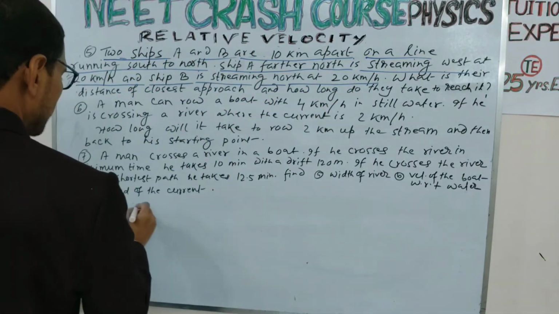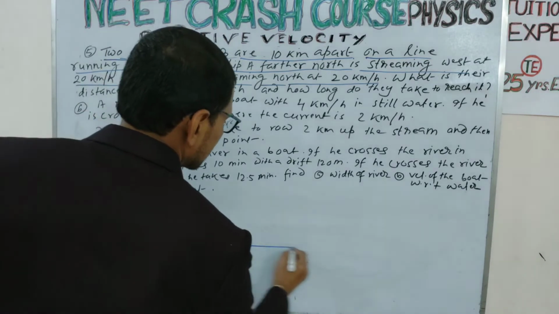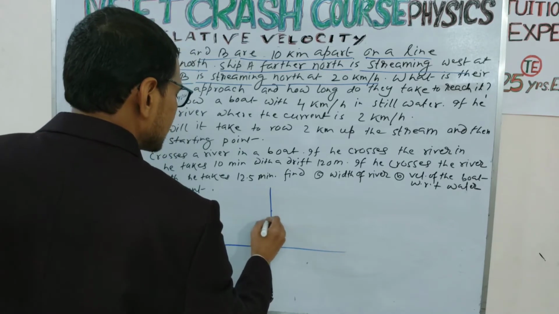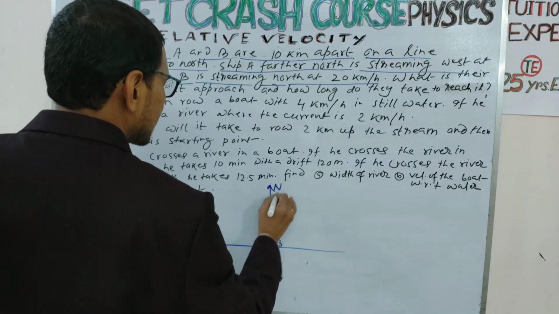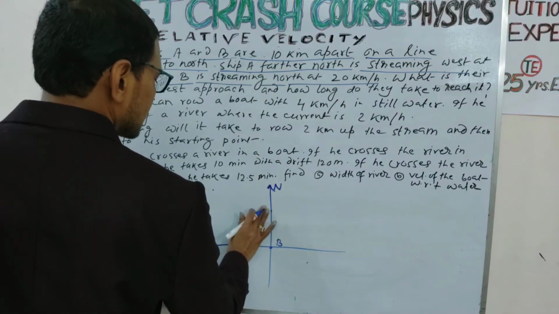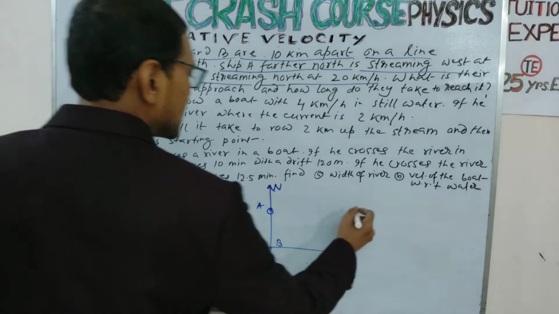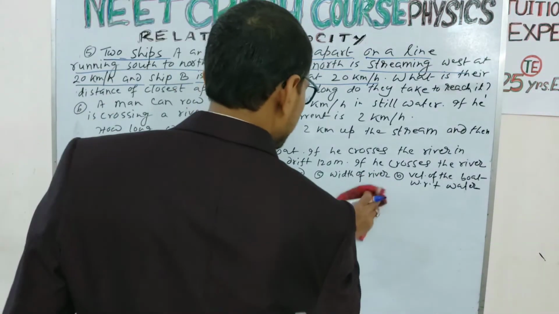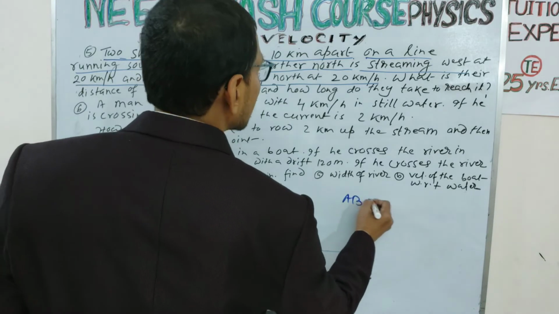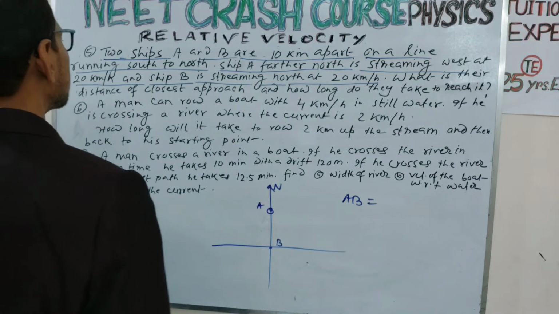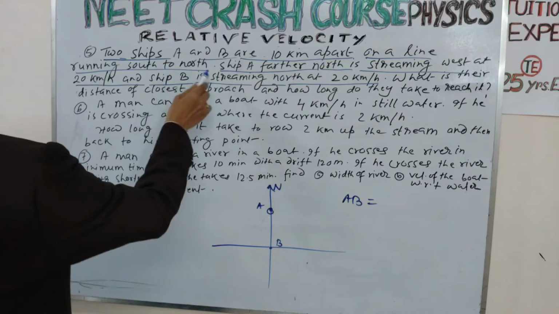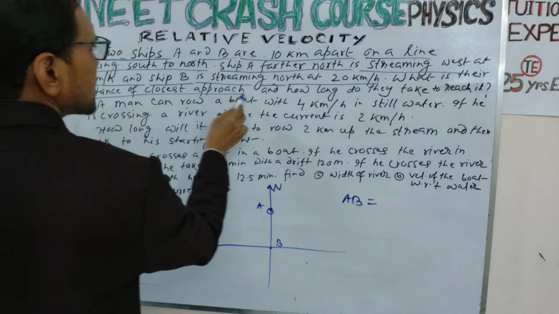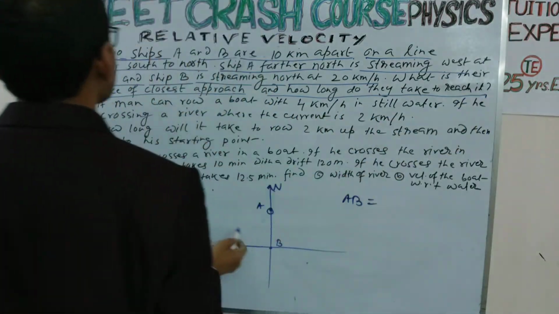If we draw the picture, suppose this is ship B and this is A. The distance of AB is 10 km. What is their distance of closest approach and how long do they take to reach it?